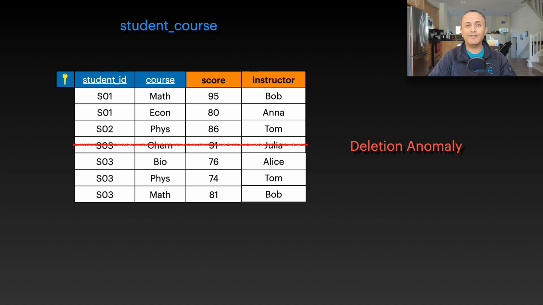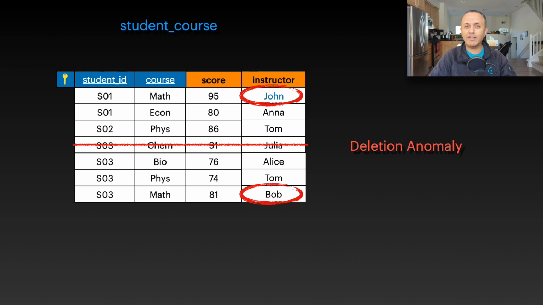There might be lots of rows that have that information, so it would be very easy to miss one of those, or there might be an error or bug in the system, and the system crashes when we have done some of these updates, but not all of them. So we might end up with a situation where we change that first row that has math, now the instructor is John, but there is another row at the bottom that is still pointing to Bob.